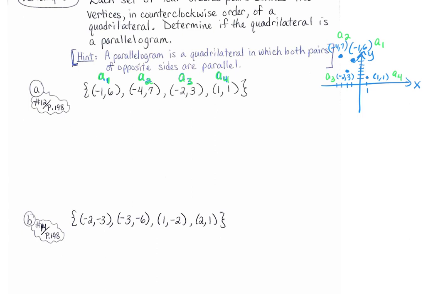Then those lines are parallel, which means what in terms of our original question? It's a quadrilateral, but it says determine if the quadrilateral is a what? Parallelogram. So if the slopes are the same, that means we have a parallelogram, not just parallel lines. So we have to check that.